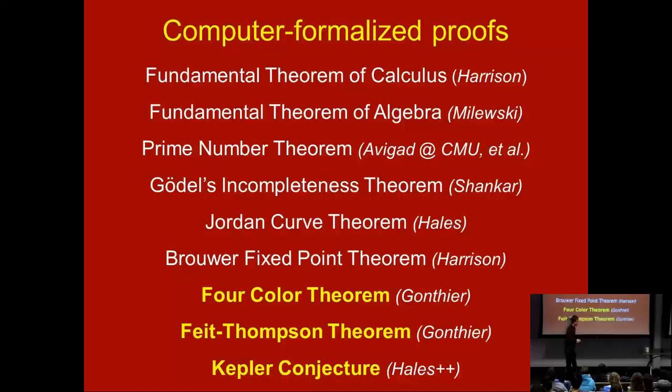Then Gonthier later did the Feit-Thompson theorem, which is the first 1% of the proof of the classification of finite simple groups. And then, as I mentioned, Hales, with a team of like 25 people, in an open source project led by Hales, just in August, proved this Kepler conjecture about packing spheres. Well, it's pretty cool stuff. I don't work on this area of research, but I find it extremely interesting.